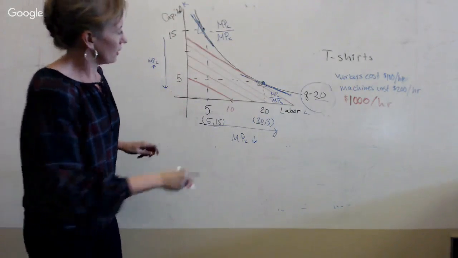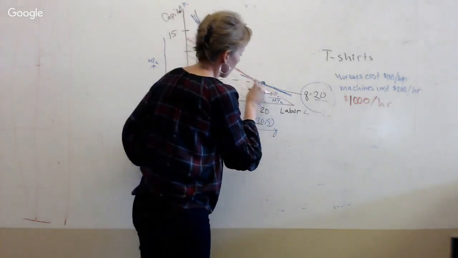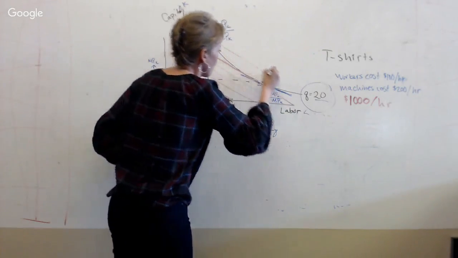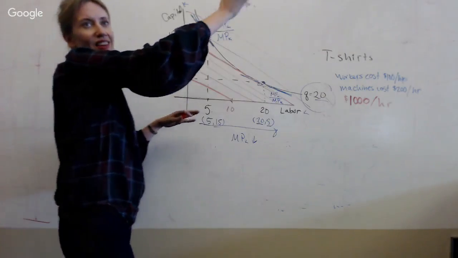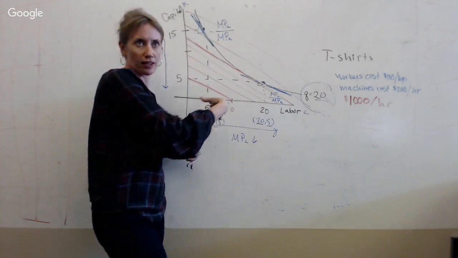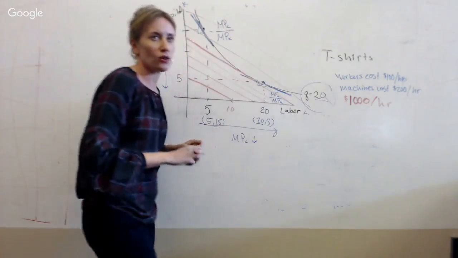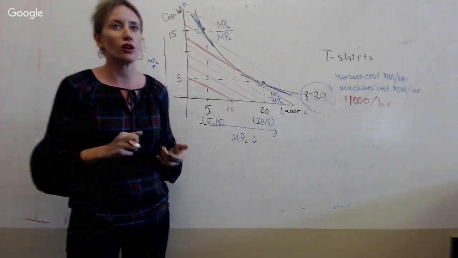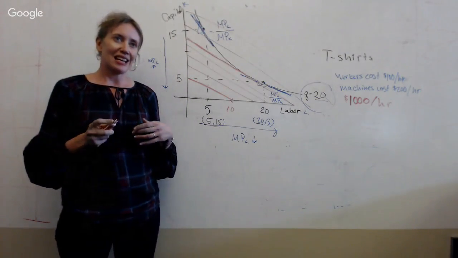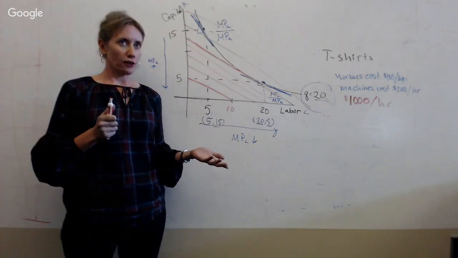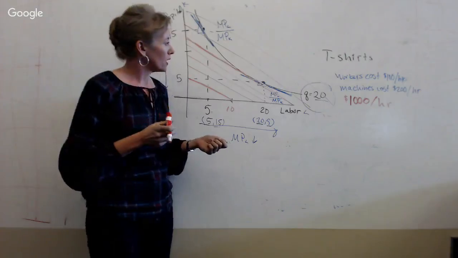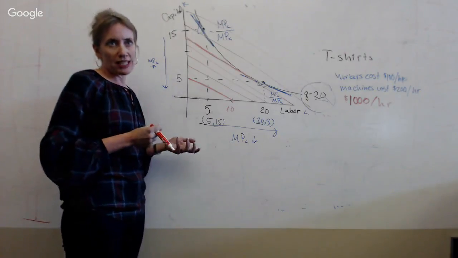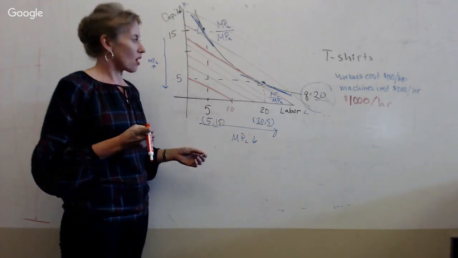It looks like we've got one touching right here and continuing out. We could draw as many of these as we want. There's theoretically an infinite number of these ISO cost curves, but what we're looking for is the ISO cost curve that allows our firm to produce 20 t-shirts an hour at the lowest cost.